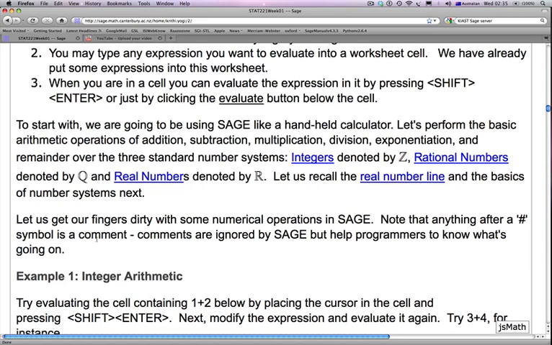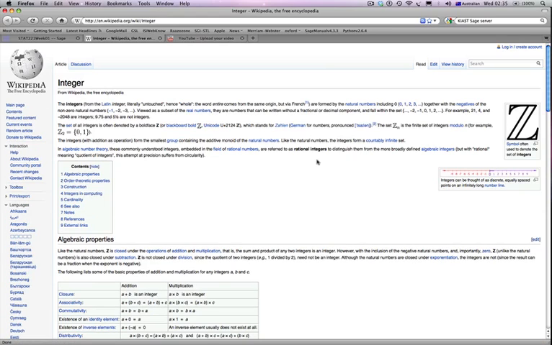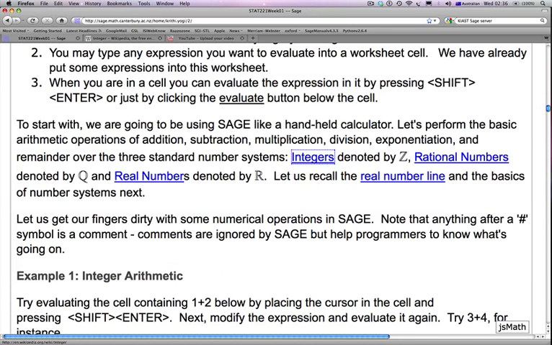These number systems are the integers, denoted by Z, a funny Z like that. The worksheet is hyperlinked heavily into Wikipedia, so if you don't really know what an integer is, which you really should, you can always click this and find out. Let's go back.